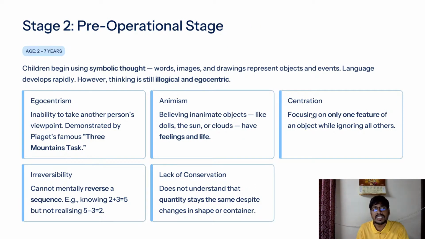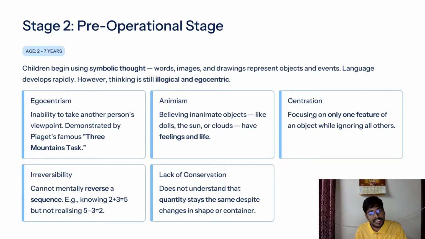In the pre-operational stage, between 2 to 7 years, the child usually identifies symbols and develops symbolic thought like words, images, drawings, everything they start remembering. However, their thought process will be illogical.